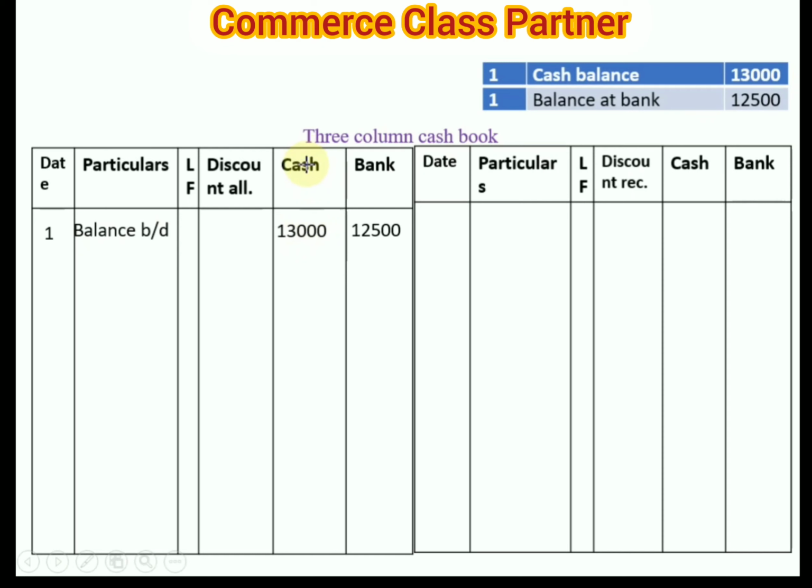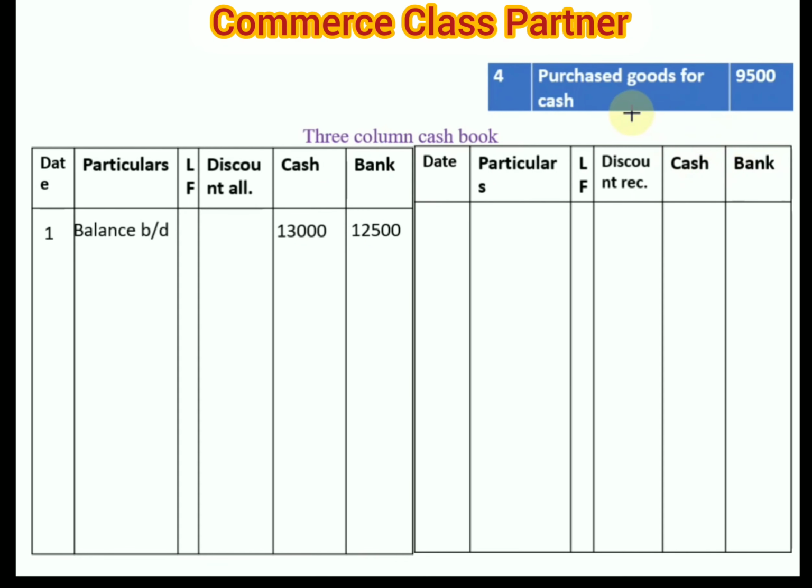The amount should be the cash account balance. The opening balance of the cash account should be given in the cash column, and the bank account balance should be given in the bank column. If it were a credit balance in the bank, it should have been given on the other side. It is also a debit balance, so we write balance b/d and the amounts on the debit side.